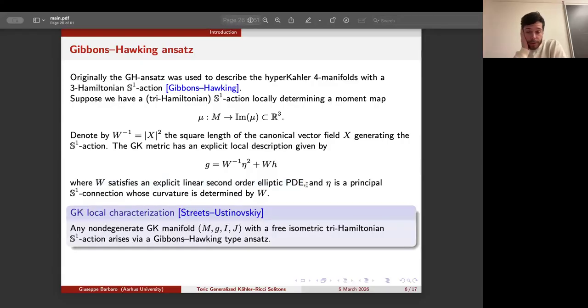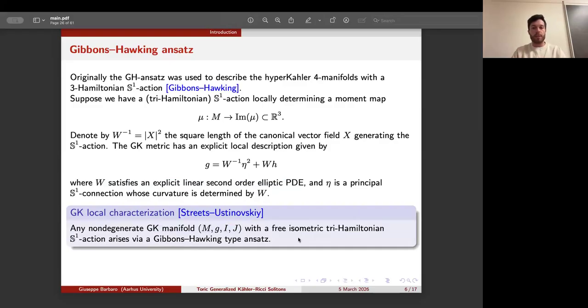Okay, and the point, due to Jeffrey and Yuri, is that any non-degenerate generalized Kähler manifold which has this Hamiltonian action can be described using this ansatz.